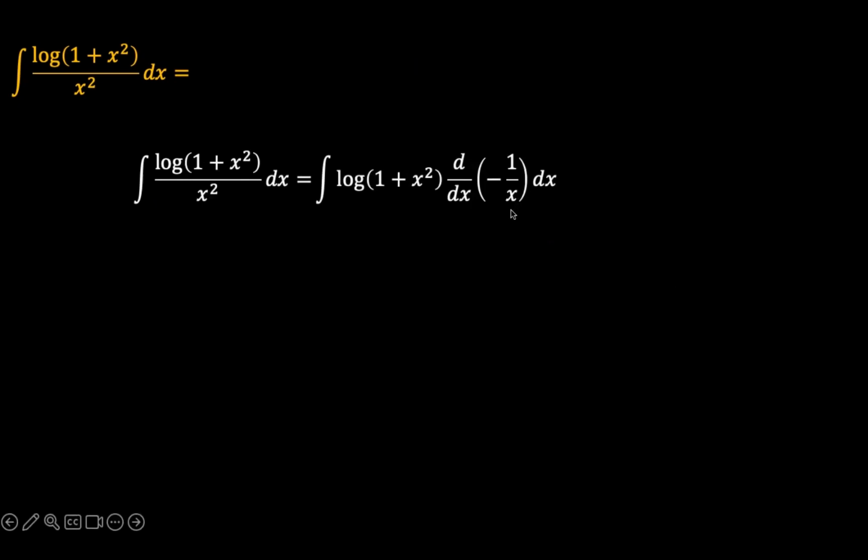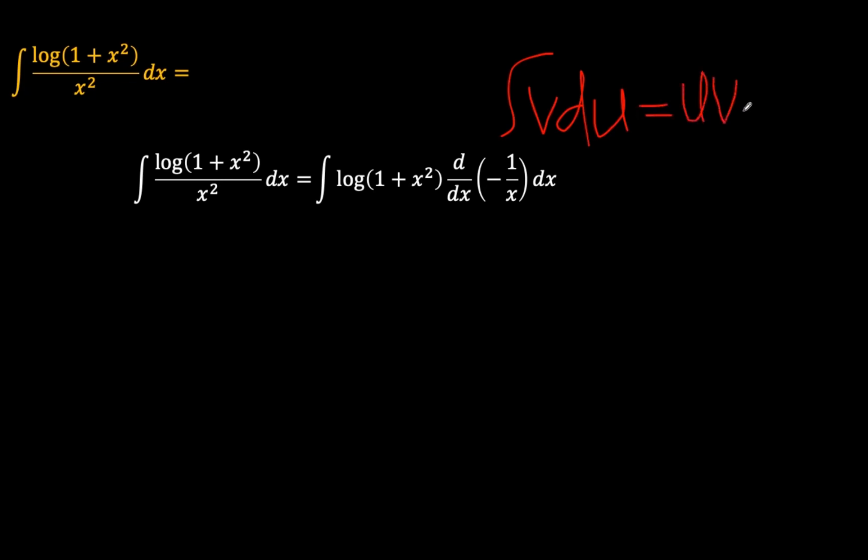And so using integration by parts, which basically tells us that if you do have an integral of a product of capital V and capital dU, the answer is the product of capital U and V minus the integral of capital U dV.